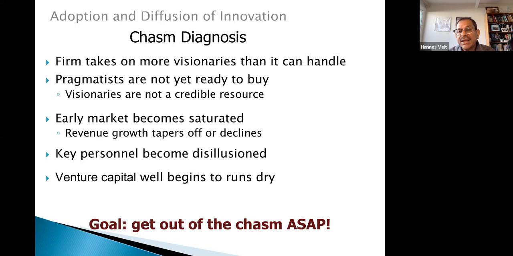So I would say that the electric car, all electric, fully plug-in, is very much in a chasm. The estimates in the US are it's about 1% market share. And how much percent do you need to cross the chasm? About 20%, because 16% is the early market.